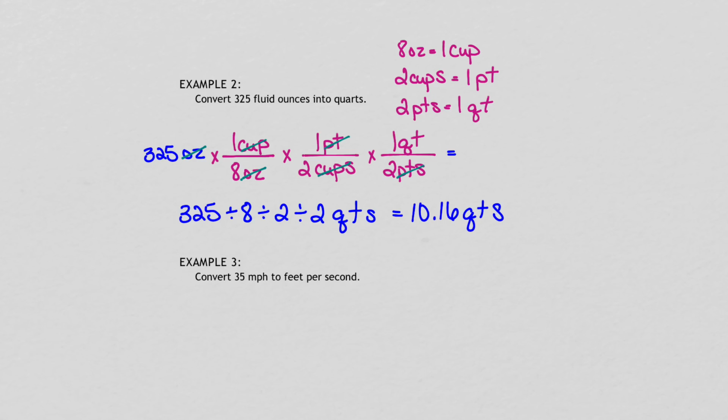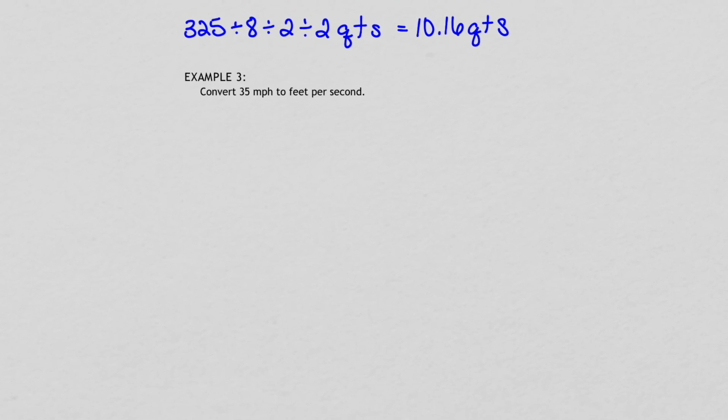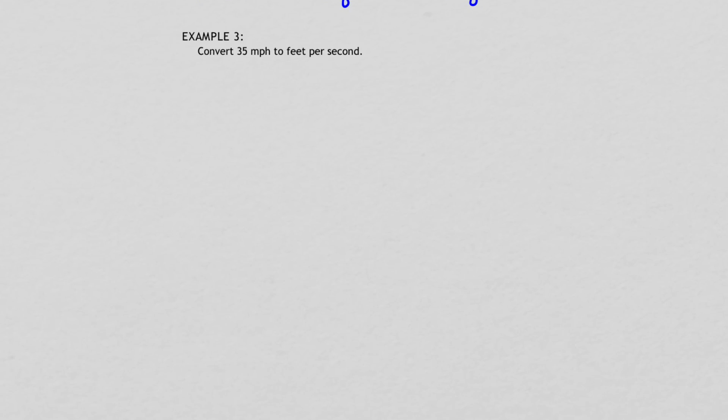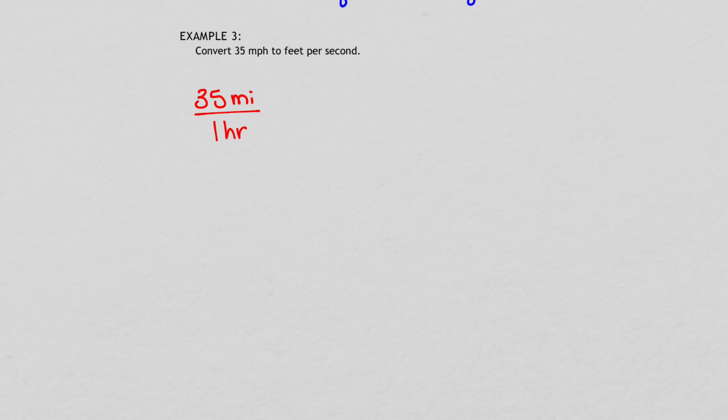And then the last example wants us to change MPH, that stands for miles per hour, you probably realize that, into feet per second. So we're changing 2 things. We've got 35 miles per 1 hour. That's how we'll need to write it out here. And we're going to change that into feet per second.